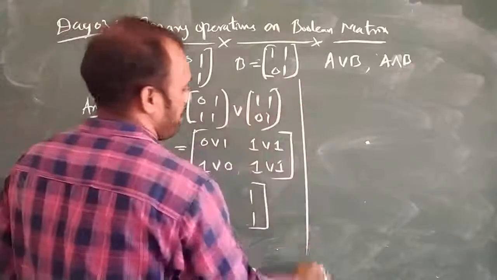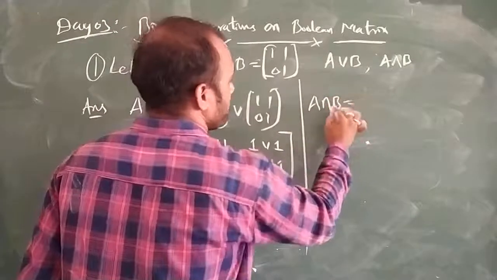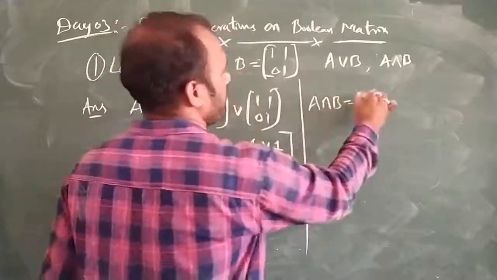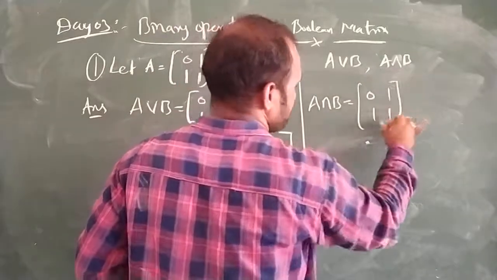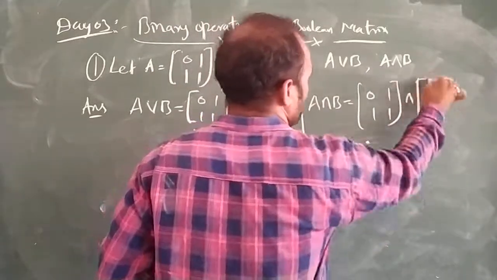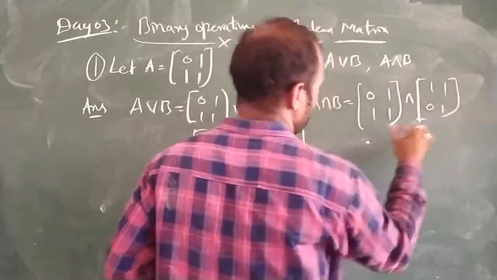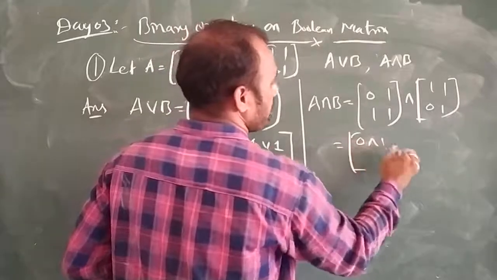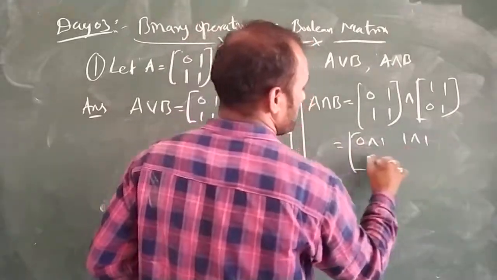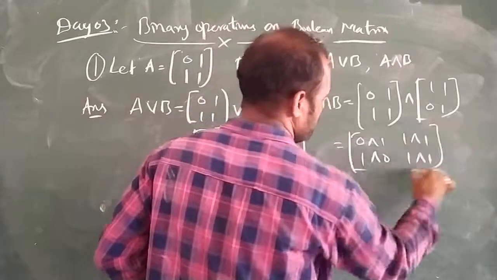Next, in a similar way we will find the meet matrix. A meet B can be obtained by taking the two matrices [0, 1; 1, 1] meet [1, 1; 0, 1]. So 0 meet 1, 1 meet 1, 1 meet 0, 1 meet 1.